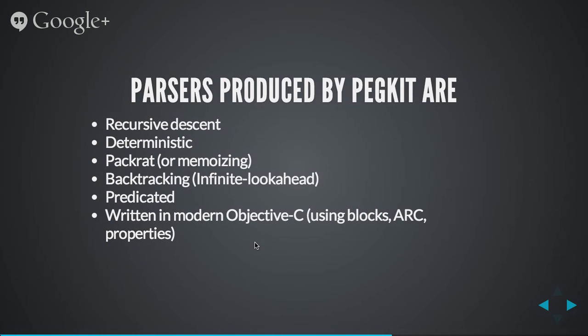It's deterministic, so you can know what is going to happen before it happens. It's memoizing, so it's smart about how it goes through the tree, and it has infinite lookahead, which is nice because your rule may do certain things based on what the next value is.